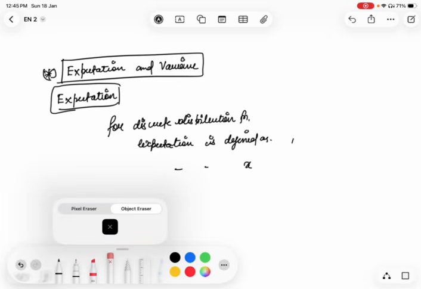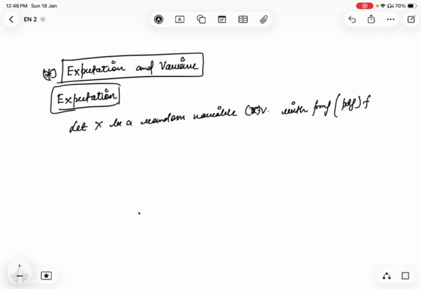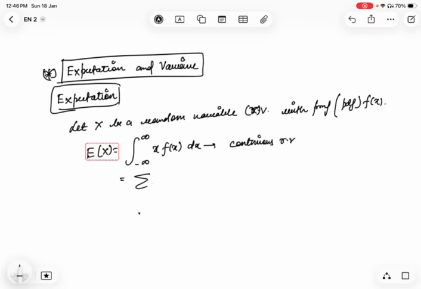Let me write it like this. Let X be a random variable with PMF or PDF as fx. A proper definition will help you understand the concept better. Then expectation can be defined as the integral from minus infinity to infinity of x fx dx for a continuous random variable, and sigma x px for a discrete random variable.